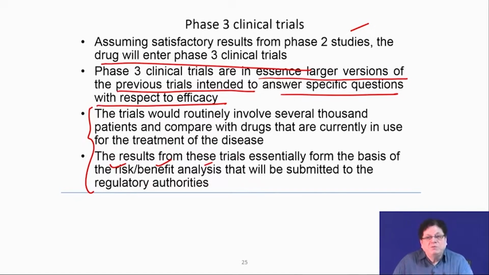As I said, every drug has a toxic effect, but you have to see which is more important to you, the risk or the benefit. For example, some people are taking anti-hypertensive drugs.